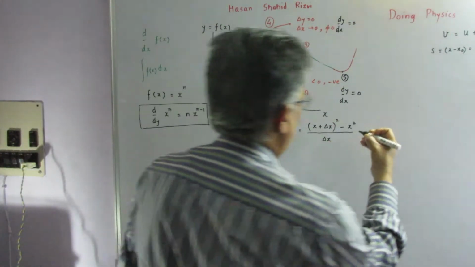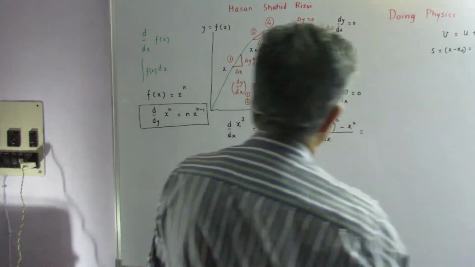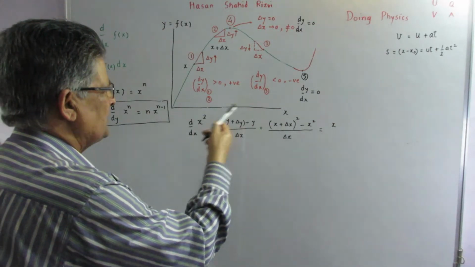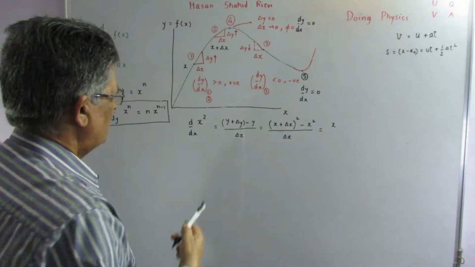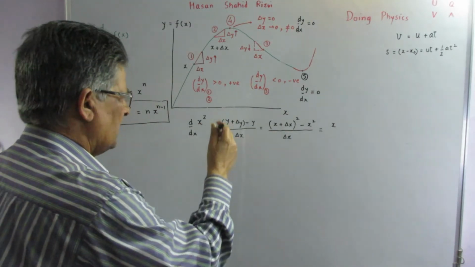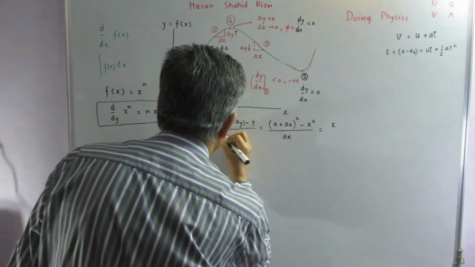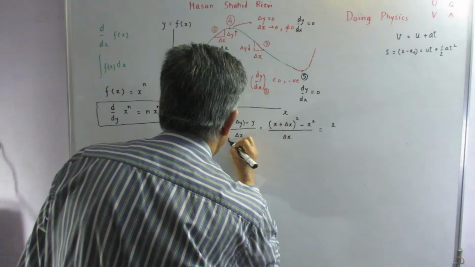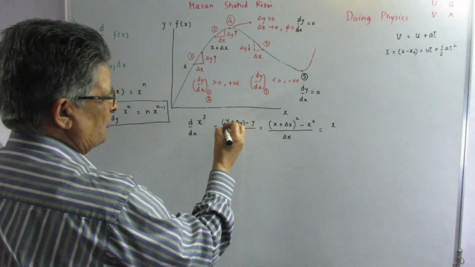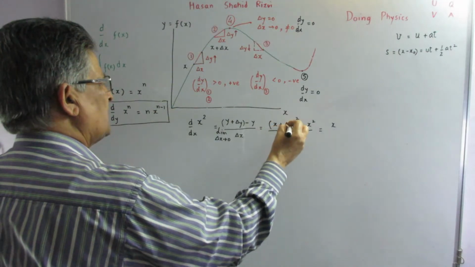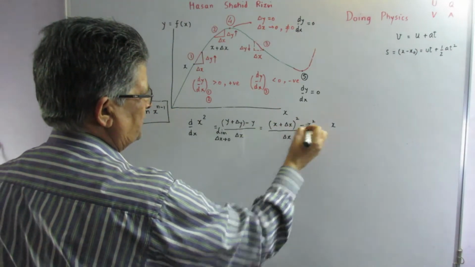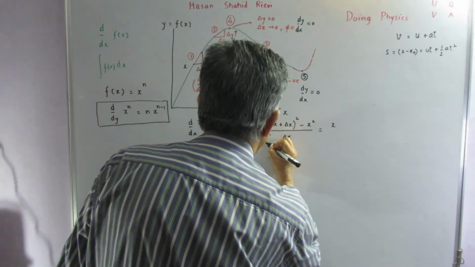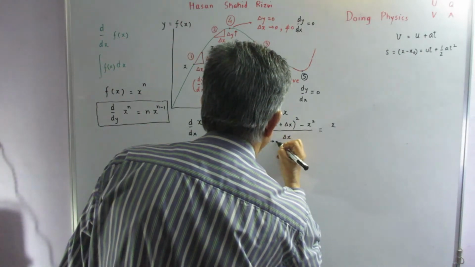So if I open, here y is equal to x square, as I have taken. So first of all I will write the limit as delta x tends to 0, and substitute the value of y plus delta y, which is (x plus delta x) whole square, minus y, which is equal to x square, and again the same limit, delta x tends to 0.